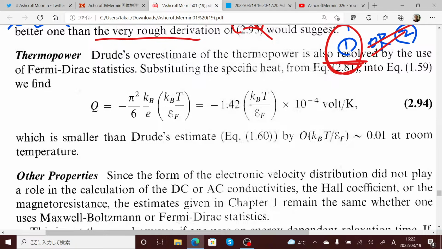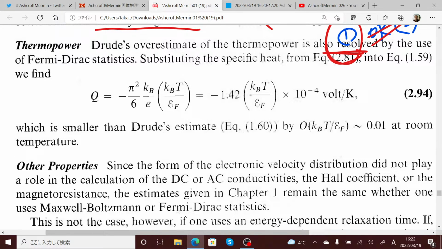Substituting the specific heat from 2.81 into equation 1.59, we find thermal power Q equal to minus pi squared divided by 6 times k_B divided by e times k_B T divided by epsilon_F, which is minus 1.42 times k_B T divided by epsilon_F times 10 to the minus 4 volt per Kelvin, which is smaller than Drude's estimate 1.60 by order k_B T divided by epsilon_F, which is about 0.01 at room temperature.